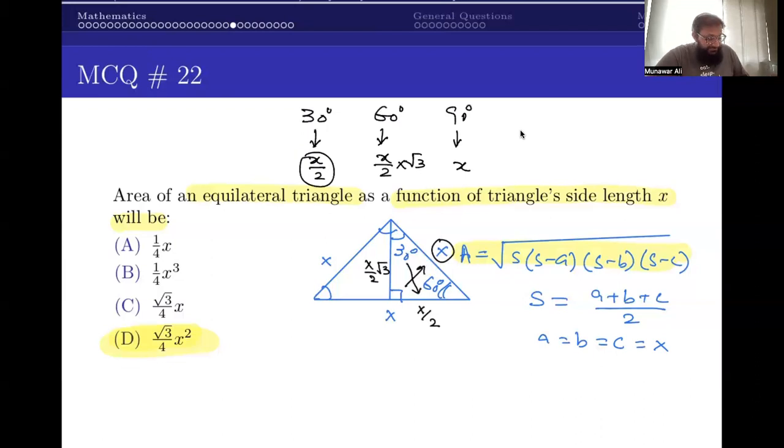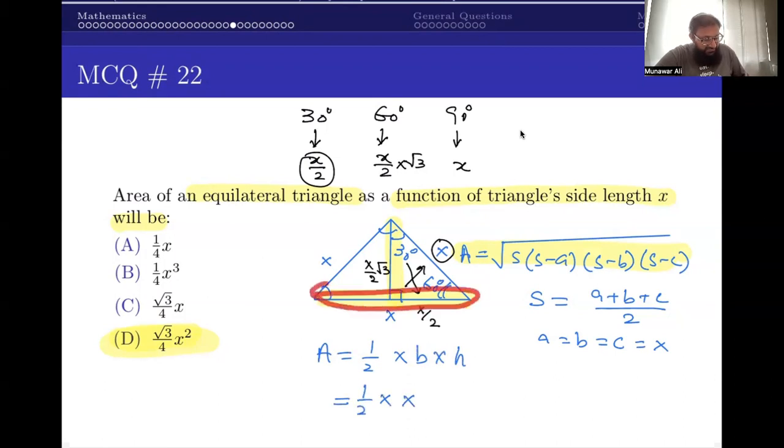So in this triangle, now what I'm going to look at is the base length times height. The formula for area is, you know very well, 1 upon 2 times base times height. So the base length is x. What do I mean?